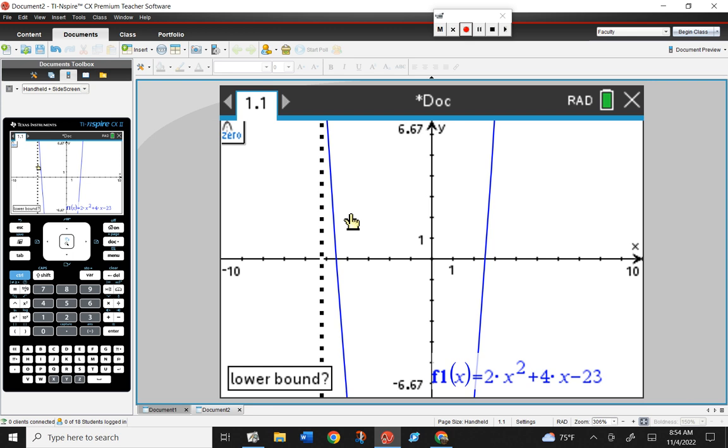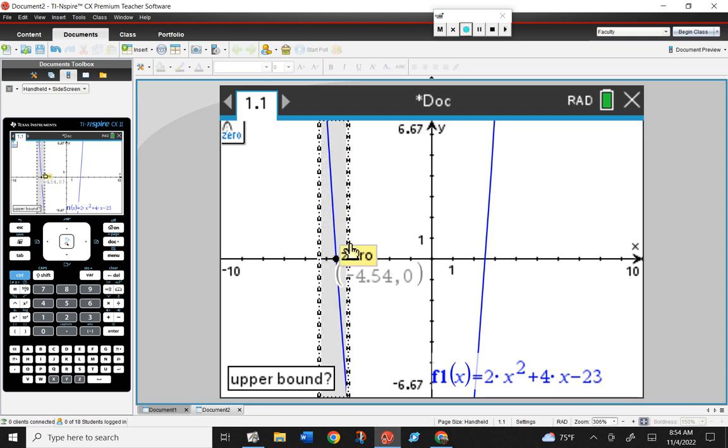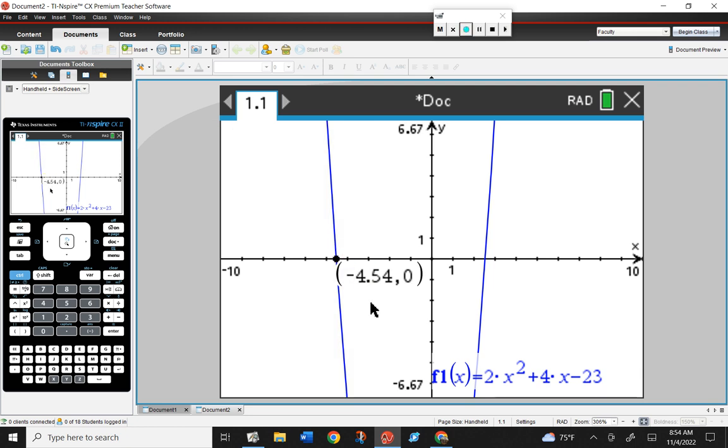Now you see this dotted line? What you want to do is put this dotted line to the left of where it crosses the x-axis, then put it to the right of where it crosses the x-axis, and then it gives you the answer, negative 4.54. And we need to find the other one.